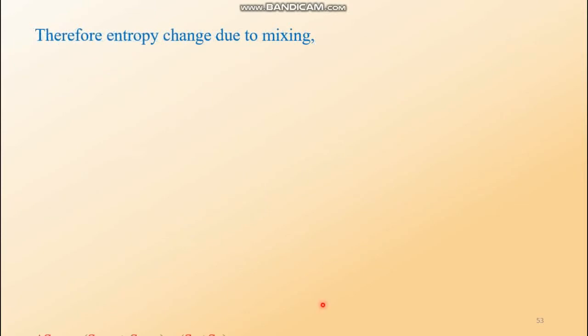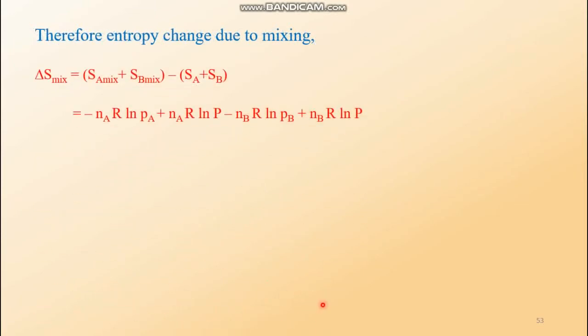Let us have a look. These are the expressions, isn't it? So minus Na R ln pa plus Na R ln P minus Nb R ln pb plus Nb R ln P.